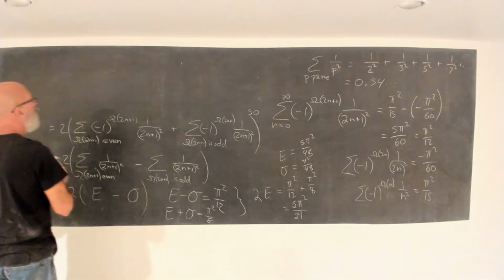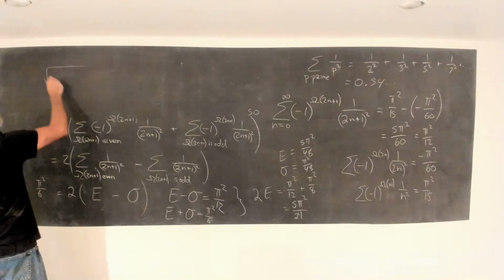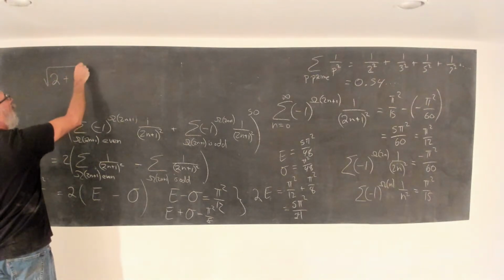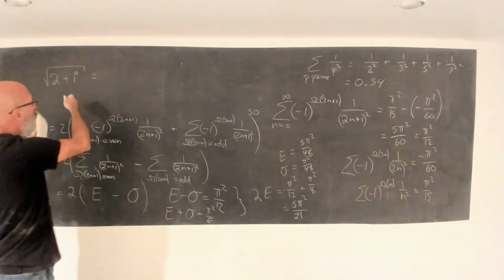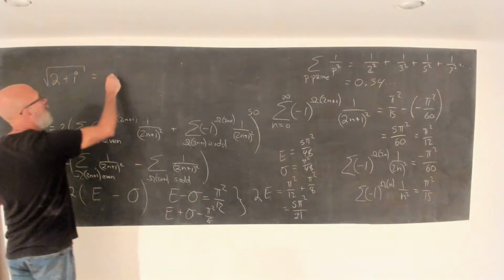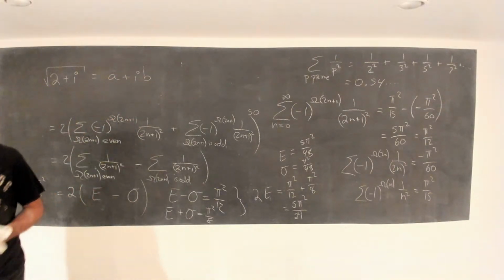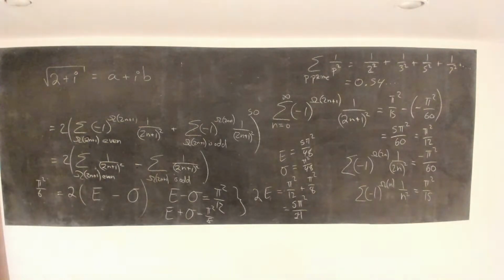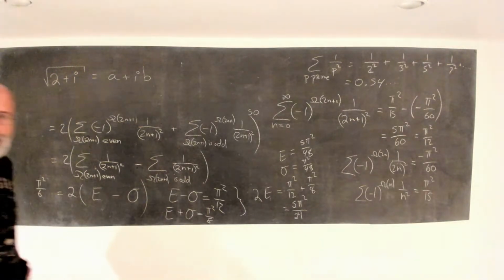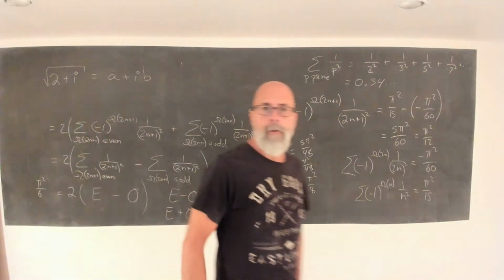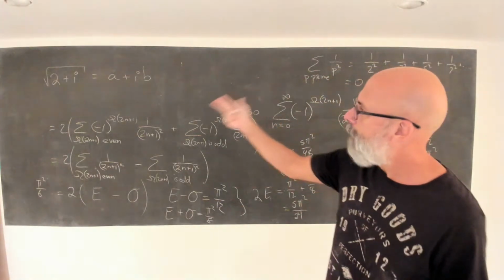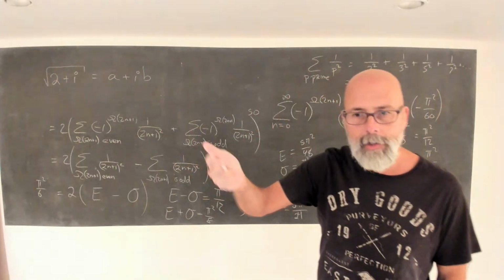You wish to express this in the form a plus ib. Right? You want to express this in the form a plus ib, so you square both sides.